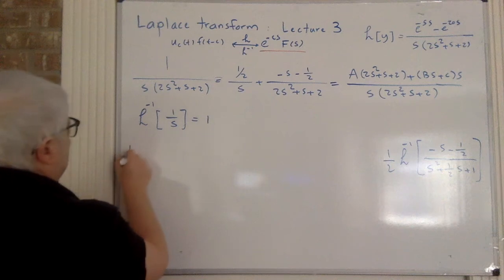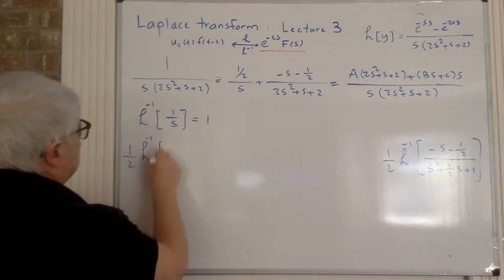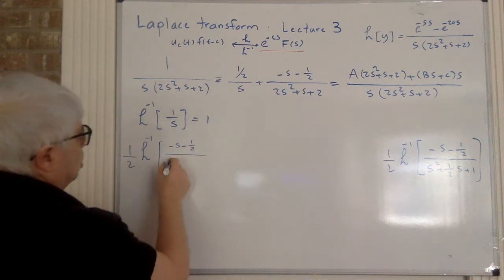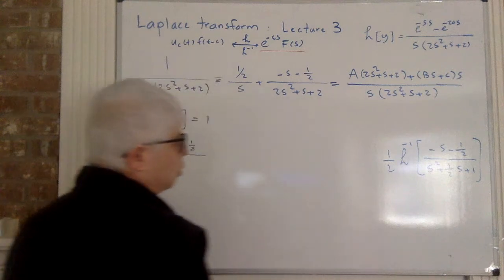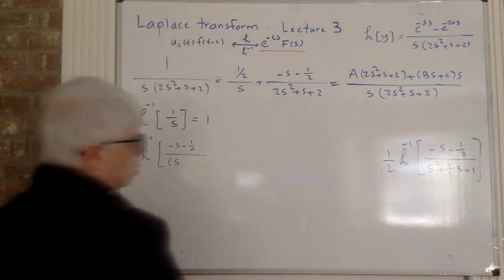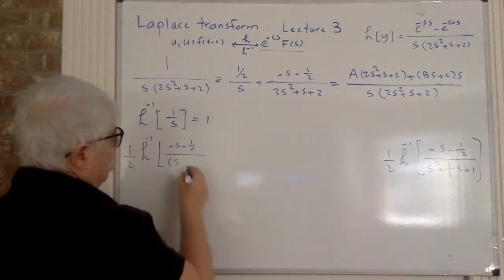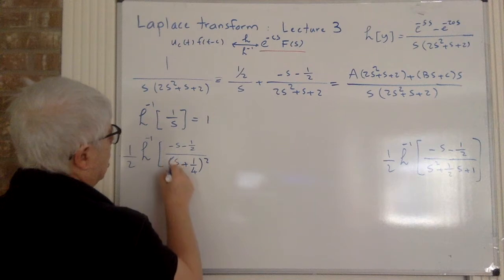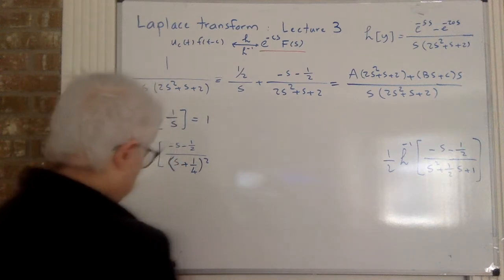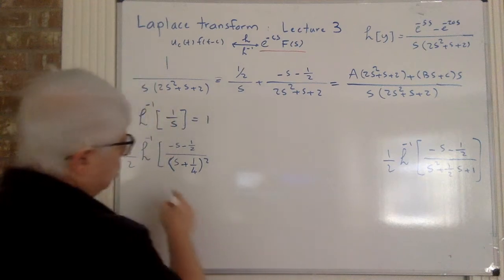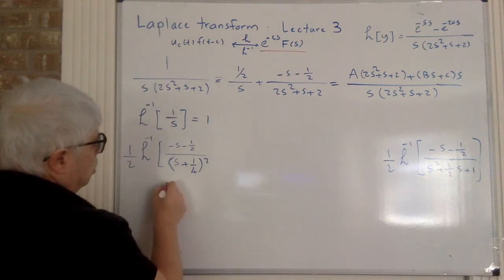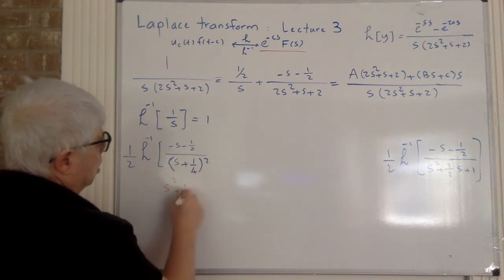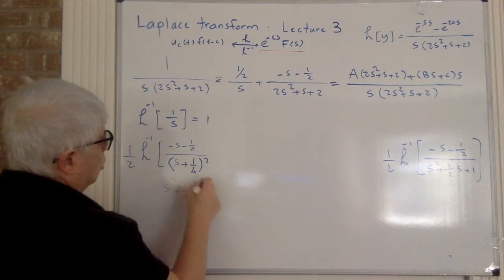And so I have 1/2 L inverse of minus S minus 1/2, and the denominator will be S. Okay. So divide this middle one by 2, and write it there. 1/4 squared. Then on scratch paper, just raise it to power 2, that's S squared, plus twice this times this, 1/2 S, plus 1/16.